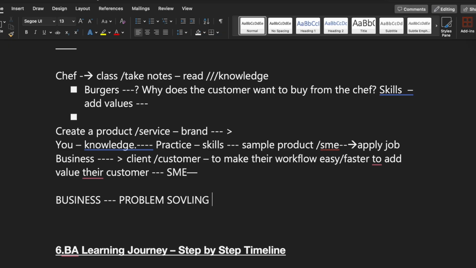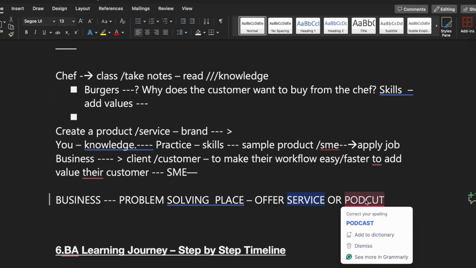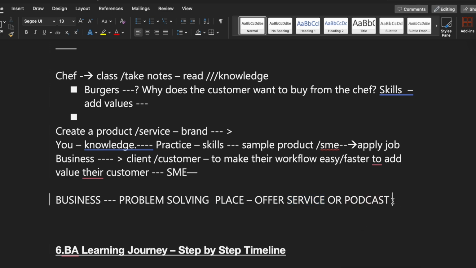So what is a business? If you understand the business process, business is a problem-solving place, right? A business is an entity that solves customer problems by offering a service or product.